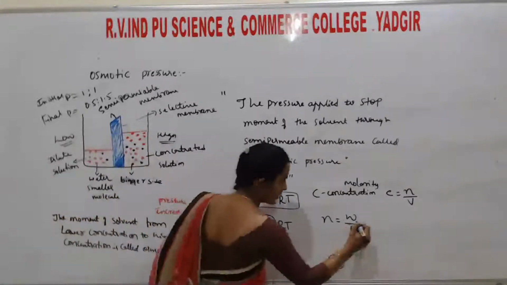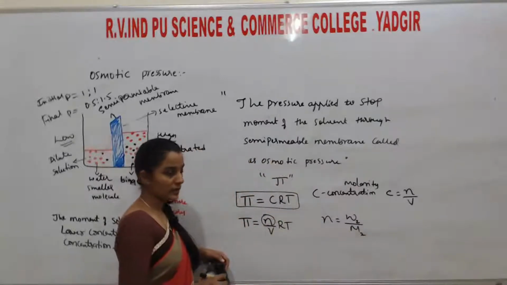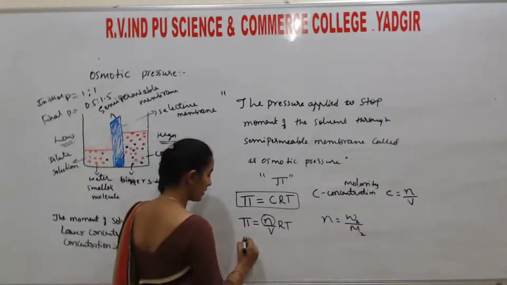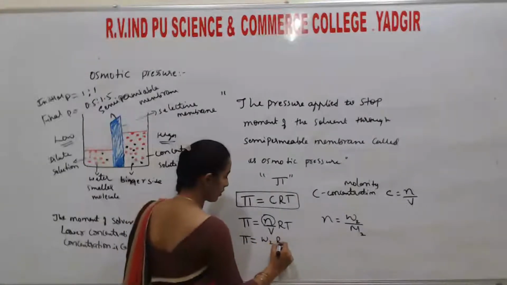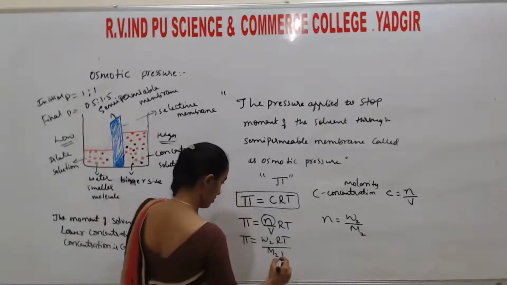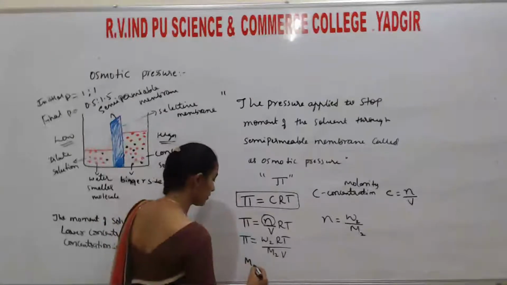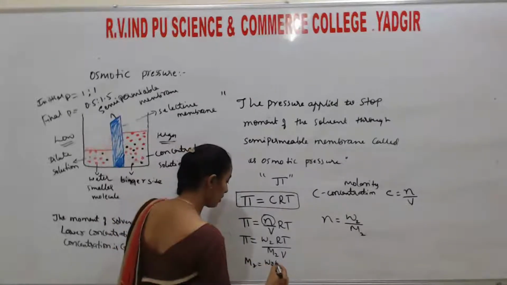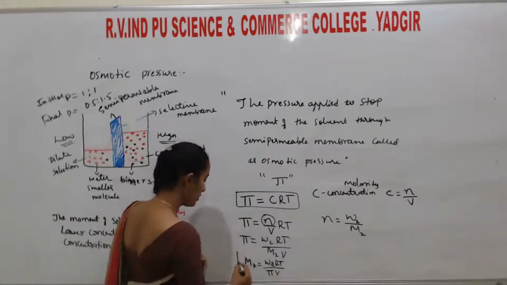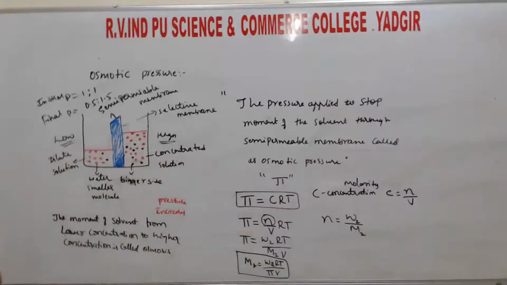Here solvent is taken as 1, solute is taken as 2, so pi is equal to W2 RT divided by M2 V. If we want M2, we will get M2 equal to W2 RT divided by pi V. Okay, so this is the equation.